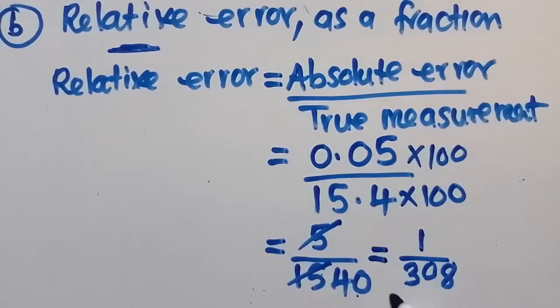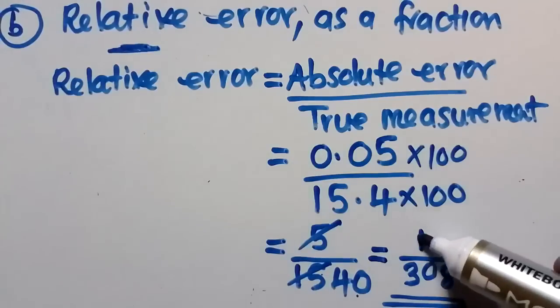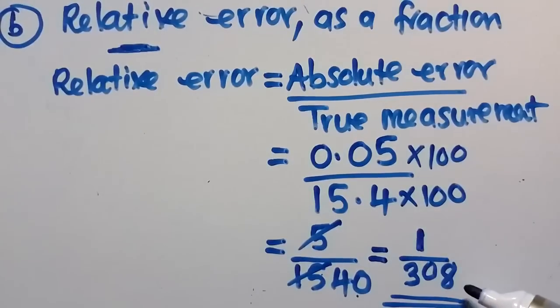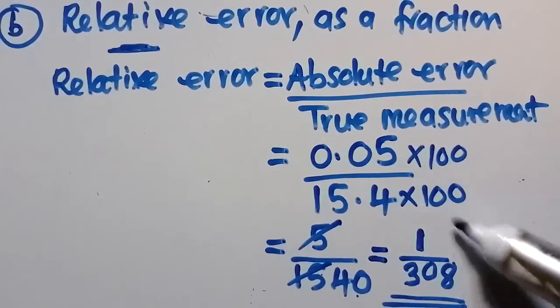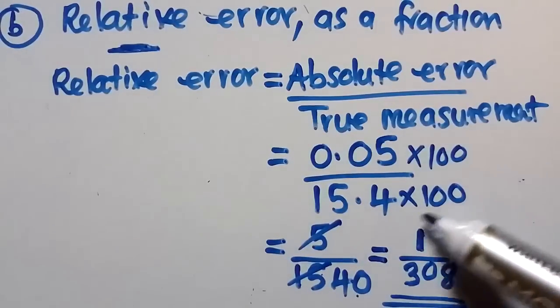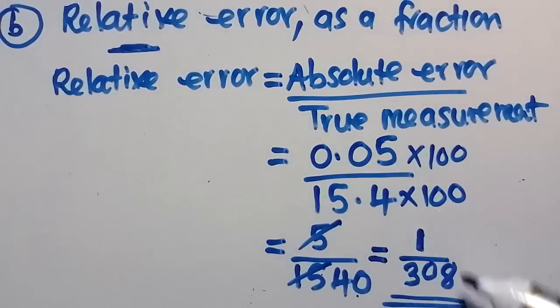So this is the relative error of that question. These are procedures that you need to follow. There's no number which can go into 1 and 308, so this is the answer in its simplest form. You have answered it. Let's look at another question.